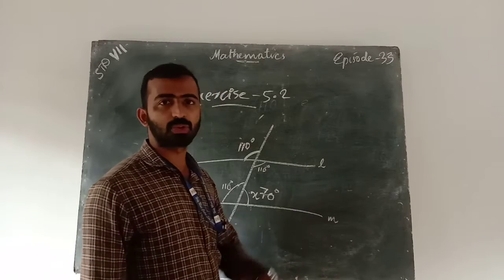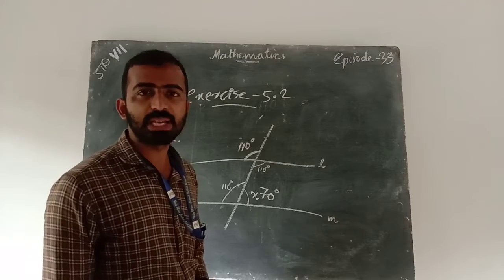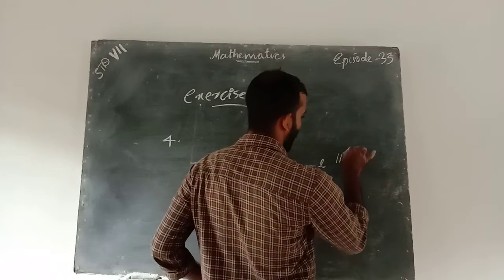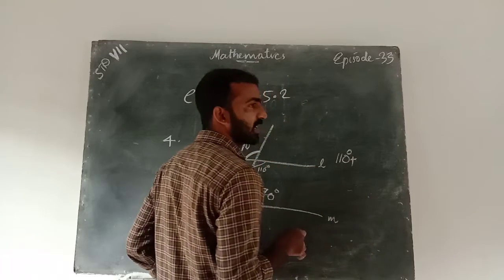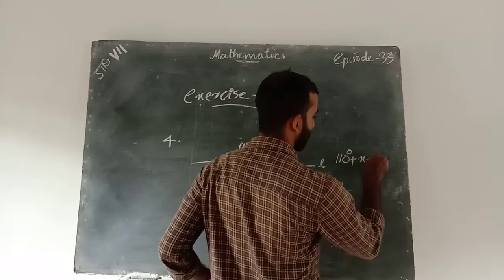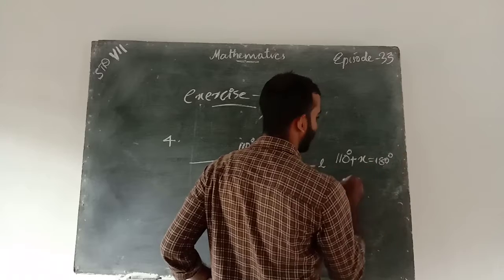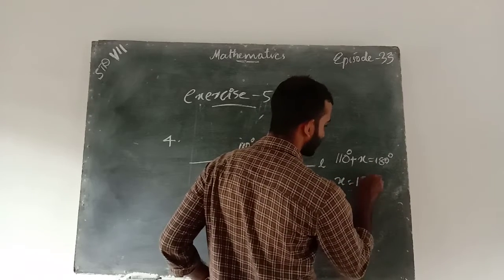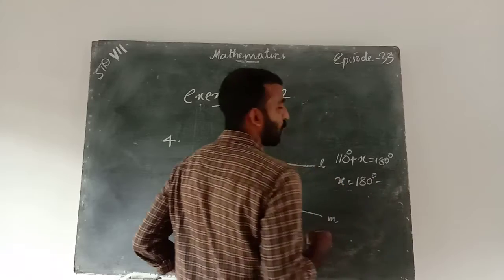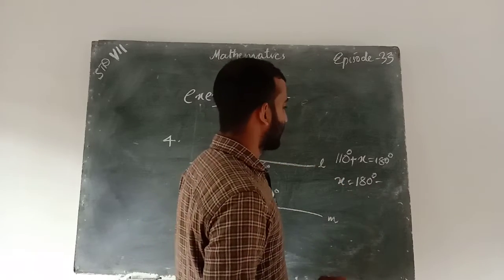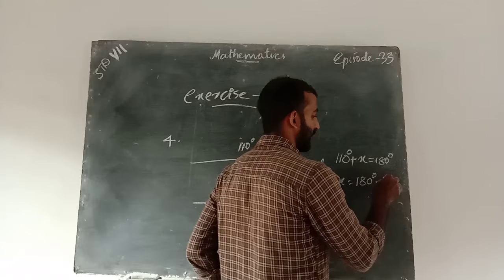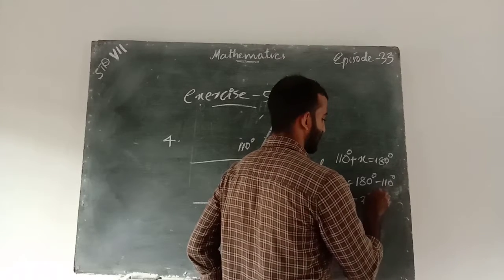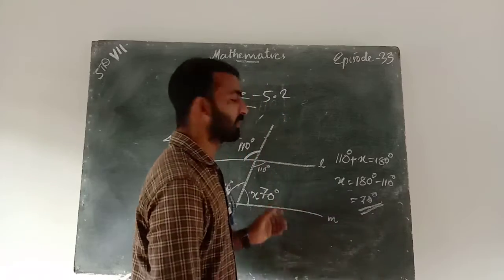That is x equal to 180 degree minus 110 degree, that is 70 degree.